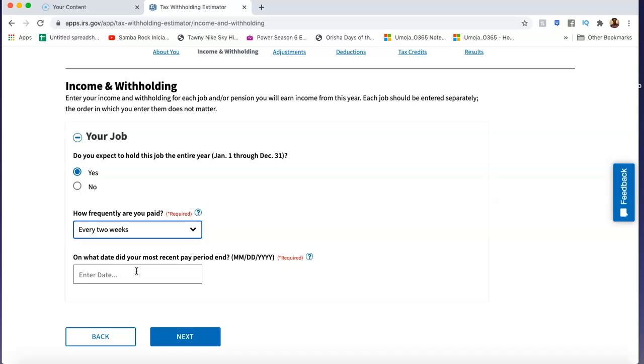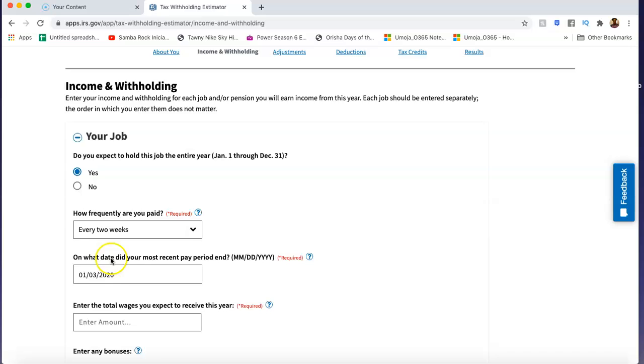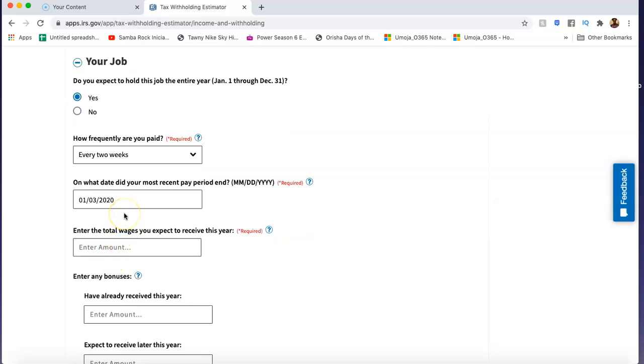So we'll say her last pay period ended that first week of January, on the 3rd, which is that Friday.